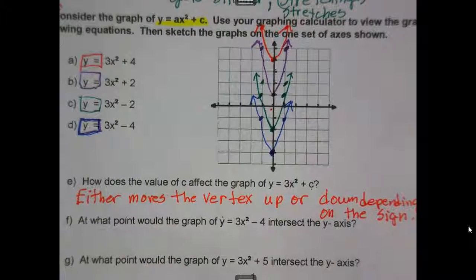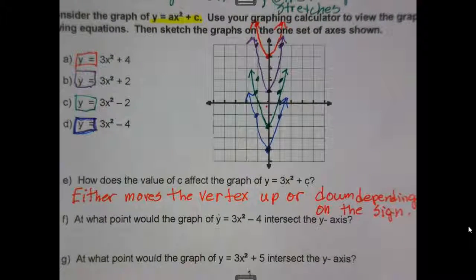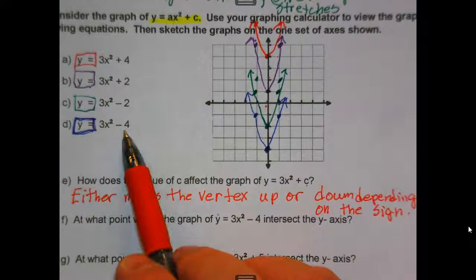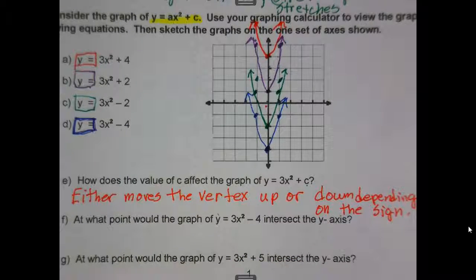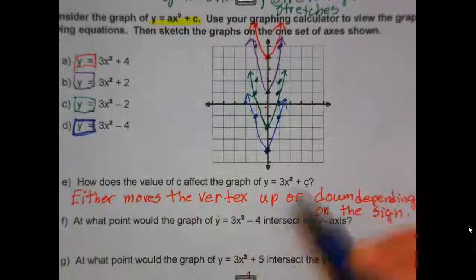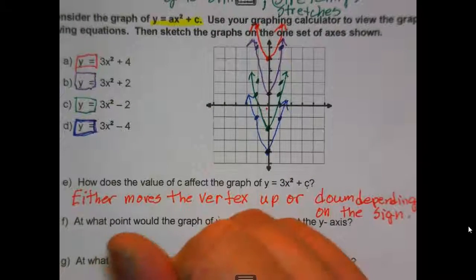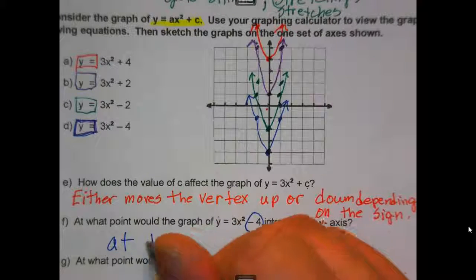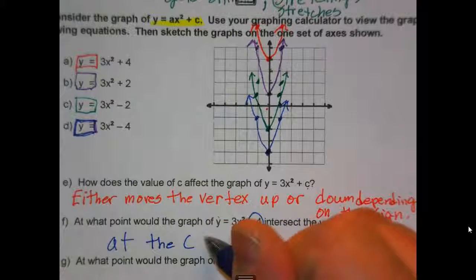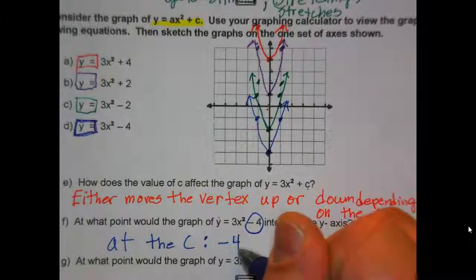Okay, F. At what point would the graph y equals 3x squared minus 4 intersect the y-axis? Well, it's this one. It's going to intersect the y-axis at -4. At our c, which is -4.